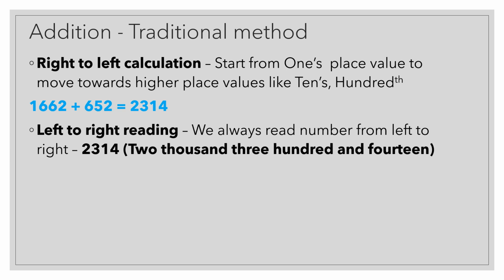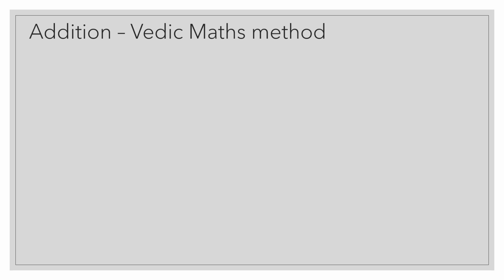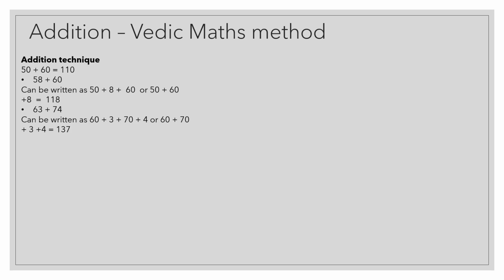Let's look at how Vedic maths can simplify this calculation or addition method. In this video, we'll talk about very simple or basic additions. But in the upcoming videos, we'll go deep into the complex additions. Take an example of 50 plus 60, which is 110, because both are rounded off.